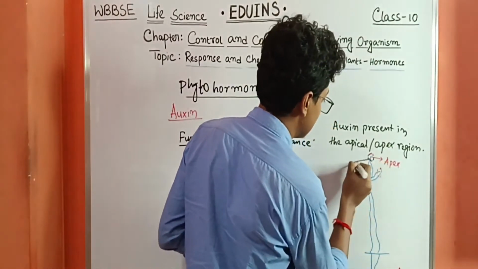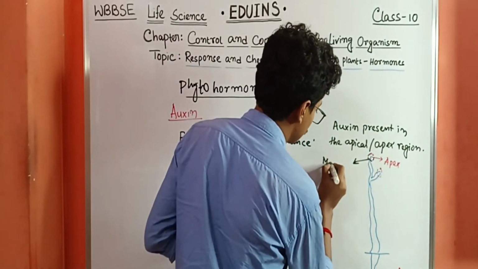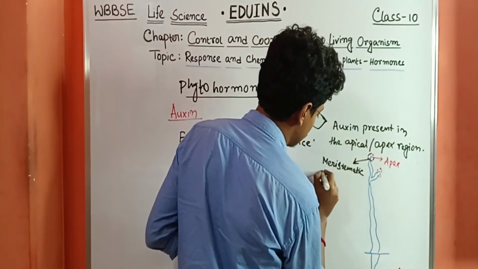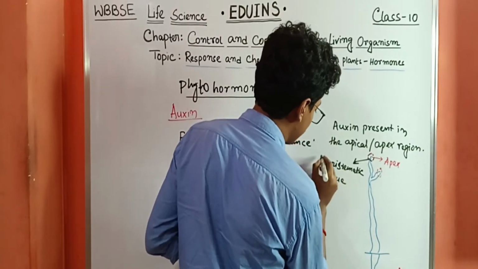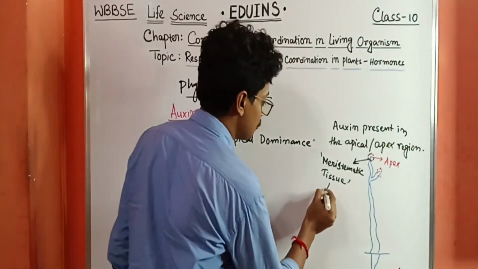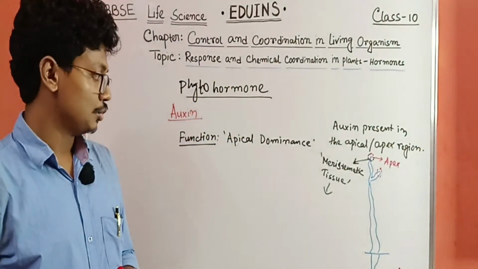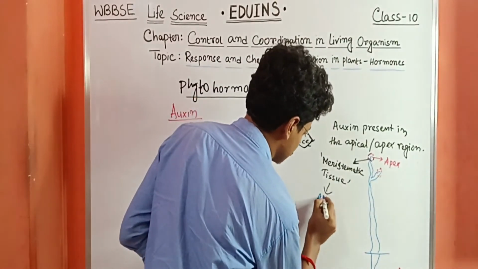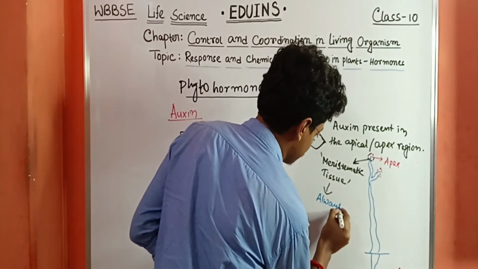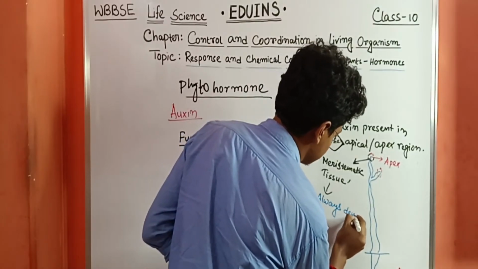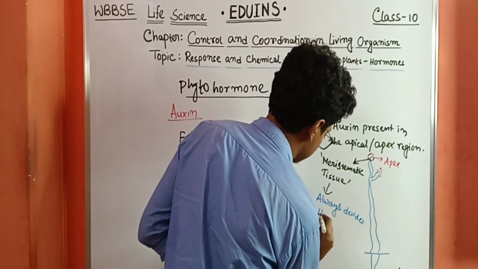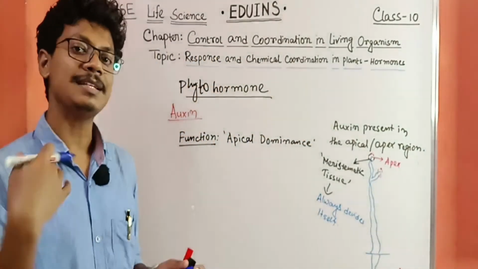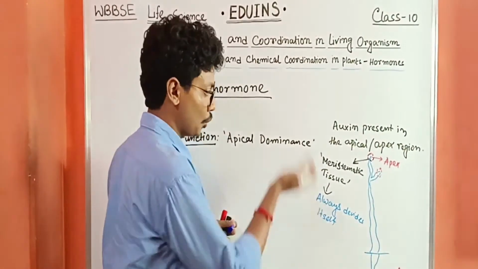Here the meristematic tissue is present. What is meristematic tissue? Meristematic tissues are those tissues that always divide themselves and grow.